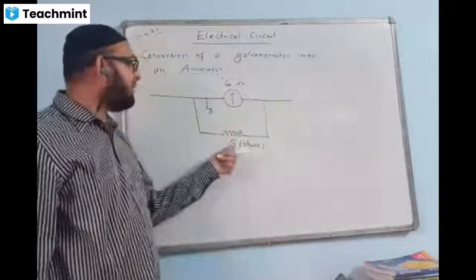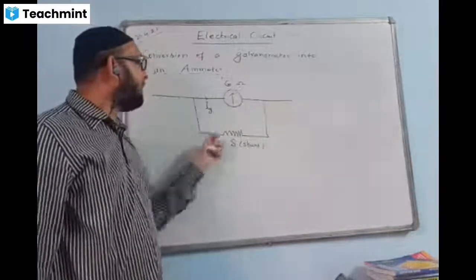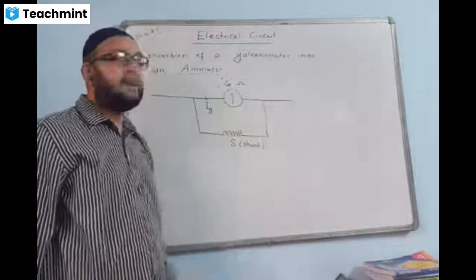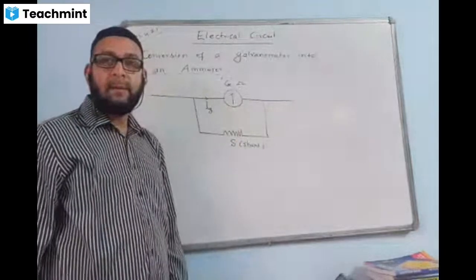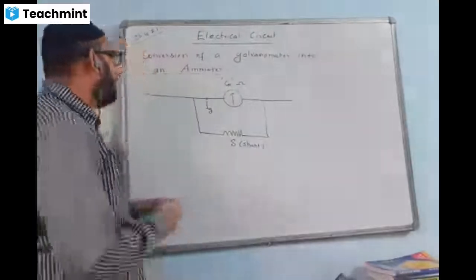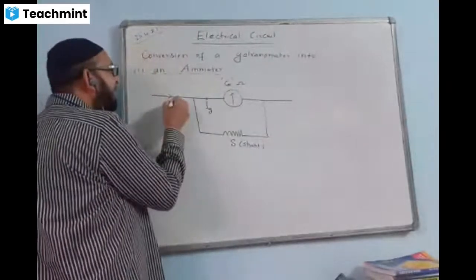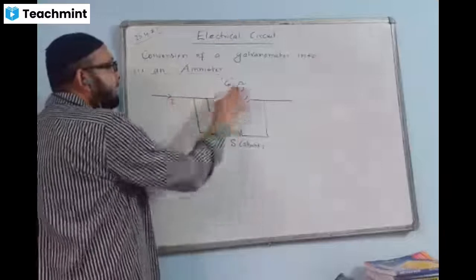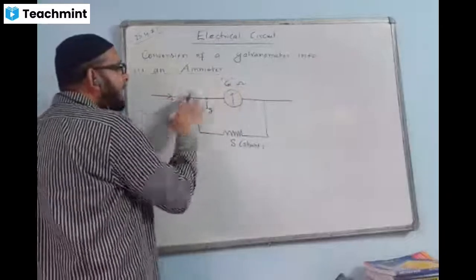Because its resistance is very low, the maximum current will pass through S rather than through the galvanometer G. So that is the whole idea. Then we can pass high current, and the setup allows this high current to flow.